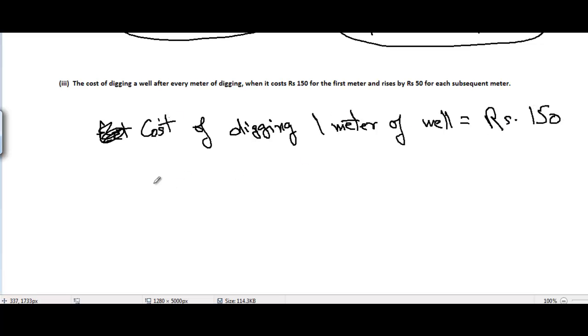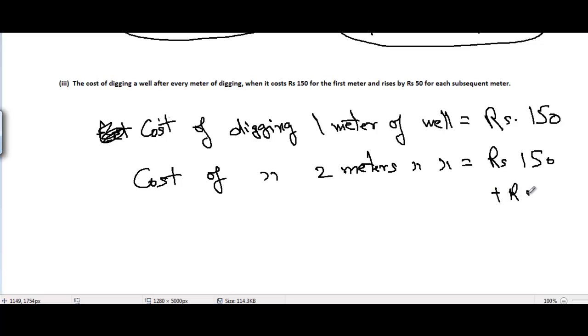That's given to us. And what would be the cost of digging 2 meters of well? It would be rupees 150 plus rupees 50, that would be 200 rupees, because it's given to us that the cost of digging a well rises by rupees 50 for each subsequent meter.